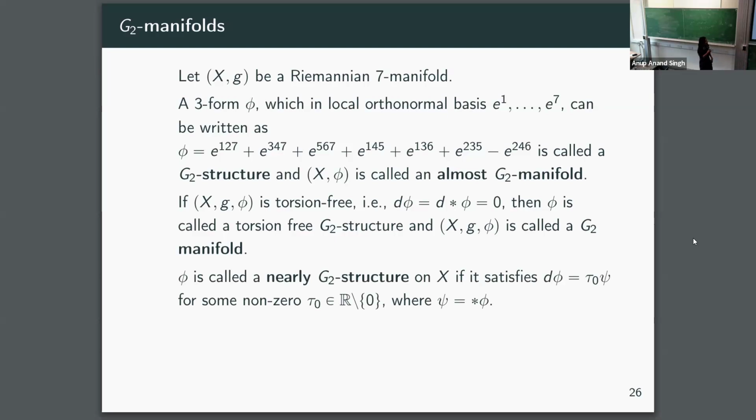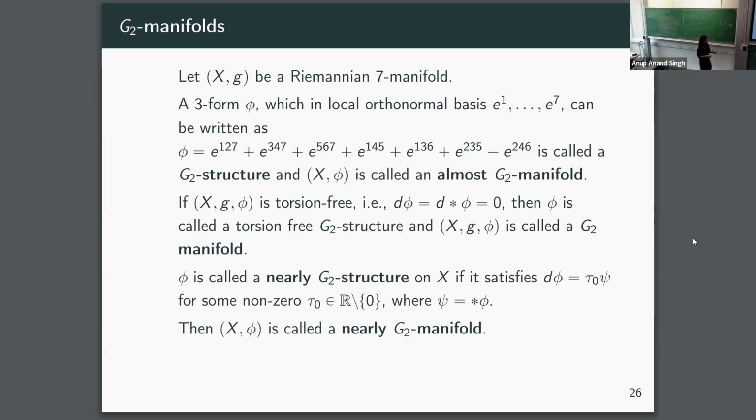And clearly it cannot be closed. So your G2 structure is not integrable, and then we'll call that manifold a nearly G2 manifold. And this nearly is actually a pretty big relaxation, but at least it's Einstein. I'm happy with that.